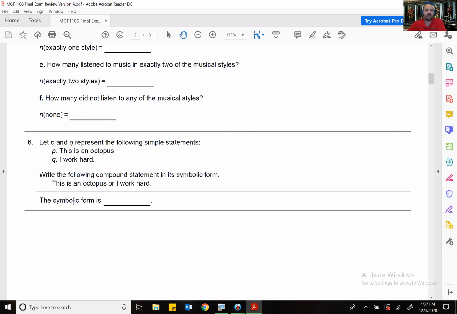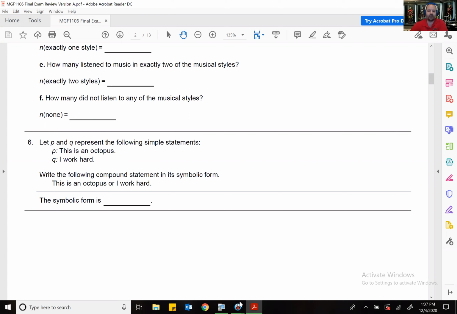P is, this is an octopus. Q is, I work hard. They want you to write the following compound statement in symbolic form. So the statement is, this is an octopus, or I work hard.